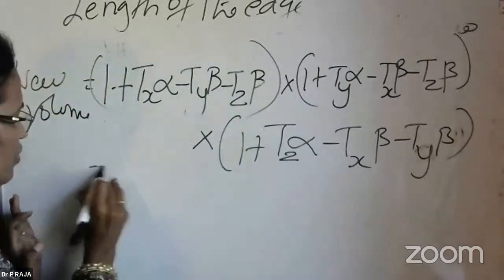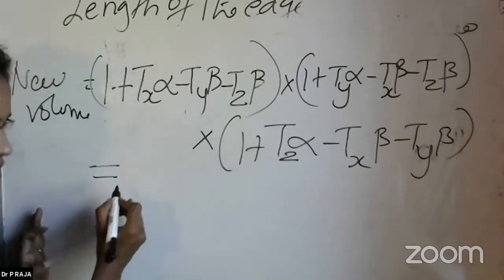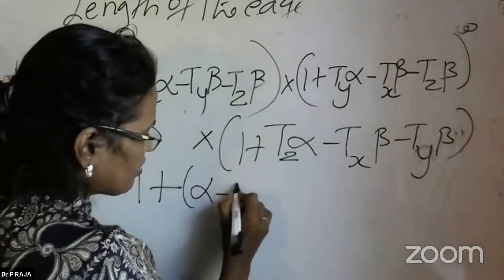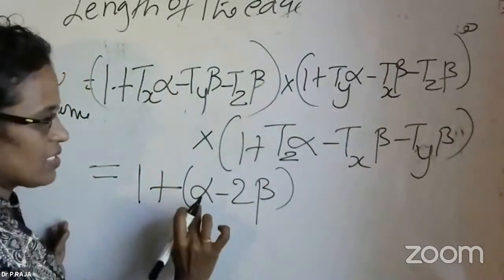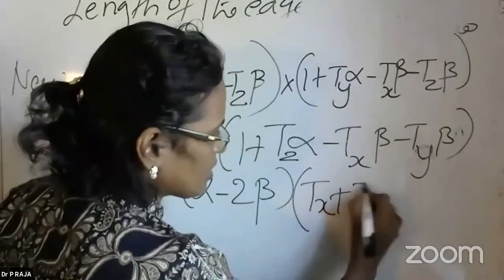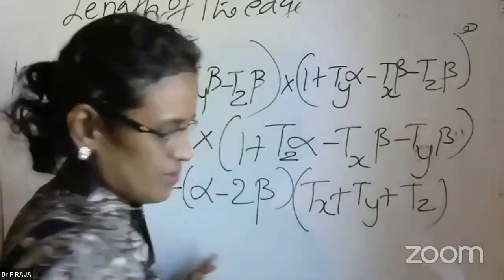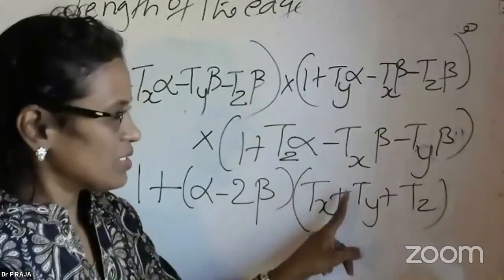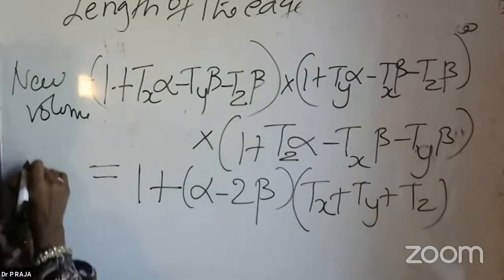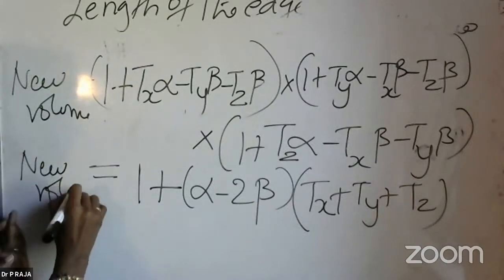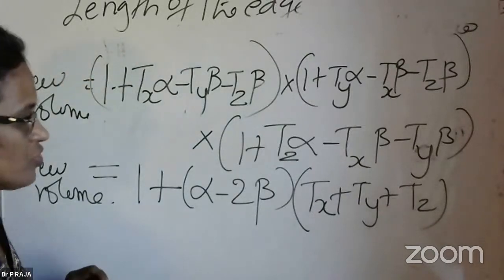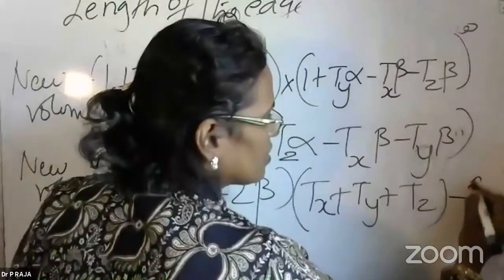I will simply give you the final value, which is given in the book: 1 plus alpha minus 2 beta, into Tx plus Ty plus Tz. So this factor is the new volume. Shall we put it as equation number 3?